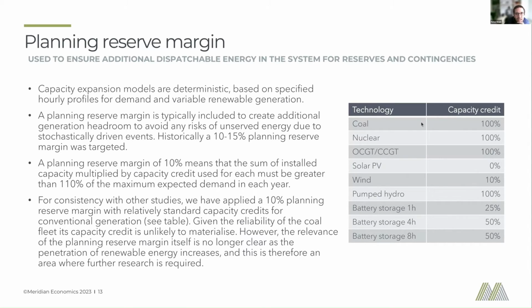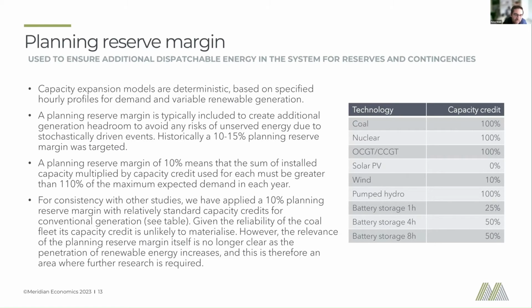So for our RP work, we kept it very much along the traditional numbers, so it's comparable with other studies. But for example, applying 100% capacity credit to our coal fleet doesn't make sense in this context. What you typically see is that initially planning reserve margin isn't an issue because you have this massive coal fleet with a high capacity credit in the typical sense.